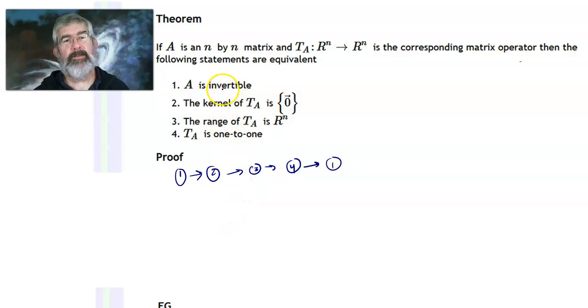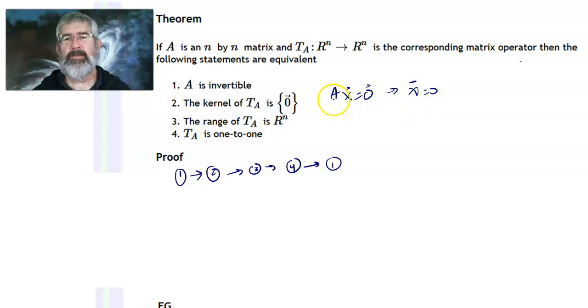The thing is, we already know a lot about A being invertible, right? It's equivalent to a whole bunch of stuff. Well, one of the things is A is invertible implies that AX equals 0 has only the trivial solution. That means AX equals 0 implies that X equals 0.